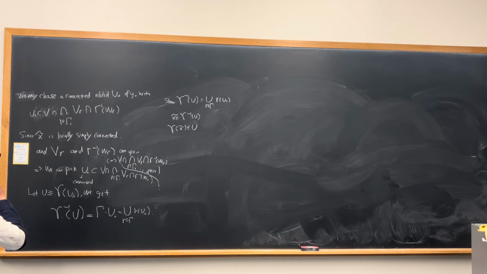Therefore, let me think. If U is in gamma of U naught, this U is just gamma of U naught, right? But we don't know whether we can pick a point in this U naught that we can use as our base point.